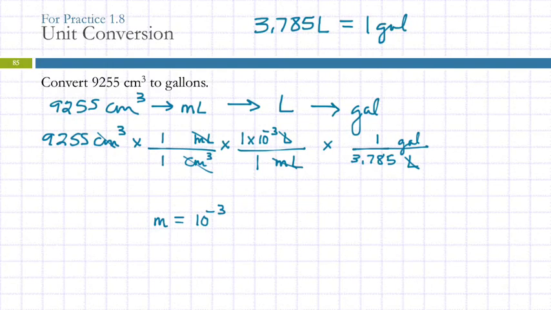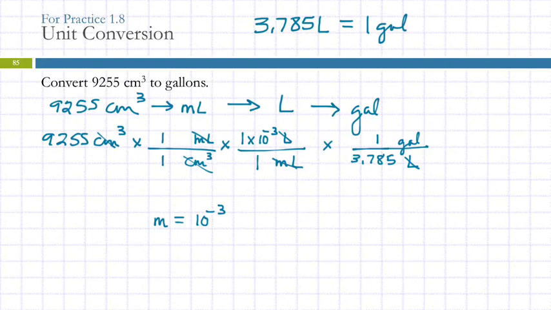Following this pattern, you will never have 10 to the something next to a prefix. It'll always be on the other side. And the beauty of this is it's really consistent. You learn a pattern and you can just do it.